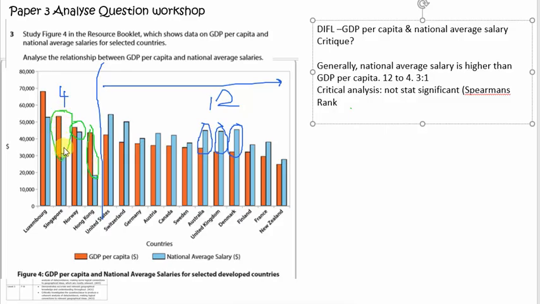Maybe income distribution is really wide. You've got billionaires in banking and finance, maybe in Singapore, and in Hong Kong it's HSBC and a lot of the world's major banks. It's a financial centre.